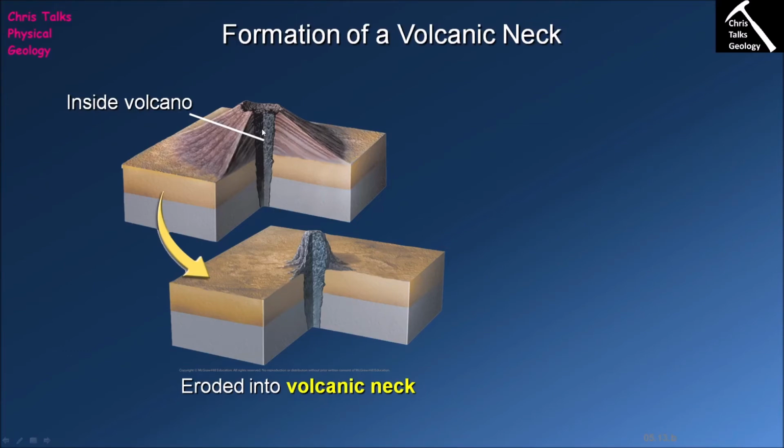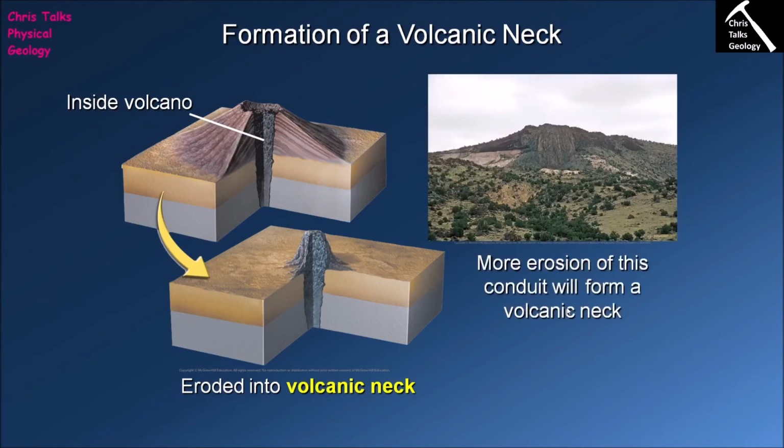But the igneous rock in the middle here will be more robust, and it will erode away more slowly. And this will produce a feature which we refer to as a volcanic neck, and it helps us to see locations where volcanoes used to be situated, even if the volcano itself has been fully eroded away.